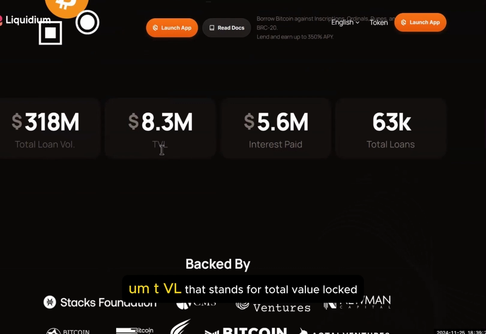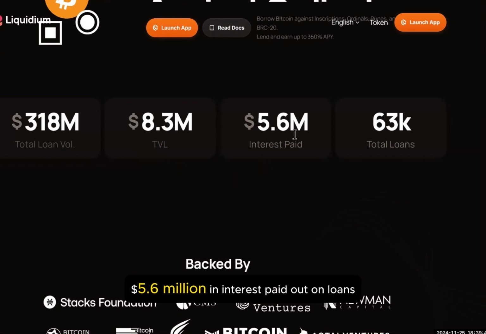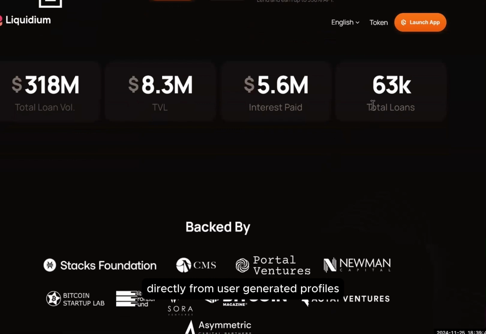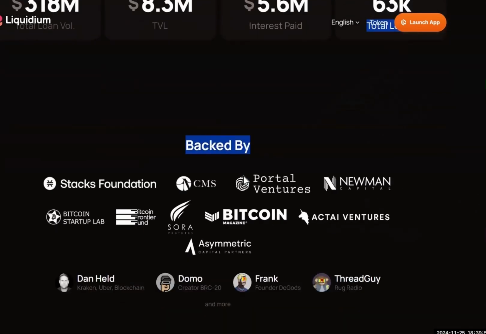TVL stands for total value locked. That means it's $8.3 million locked into this application right here, meaning they have liquidity to cover anything that might go wrong. Interest paid, $5.6 million in interest paid out on loans directly from user-generated profiles. Total loans, they've done 63,000 loans.